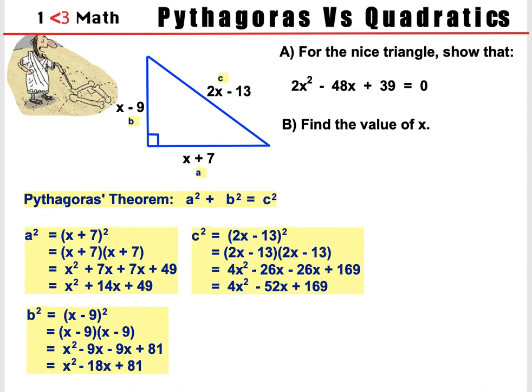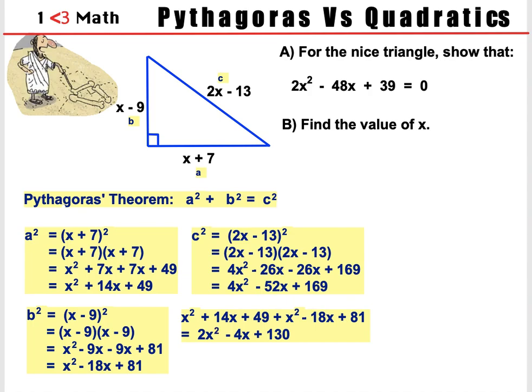Now, going back to Pythagoras' theorem, now that we've squared them all, we can do a squared plus b squared. So that's going to be x squared plus 14x plus 49 plus x squared minus 18x plus 81. Collect your like terms. That's going to give us x squared plus x squared is 2x squared.